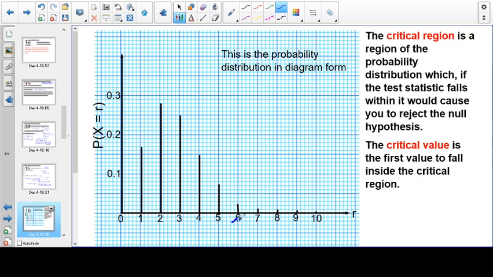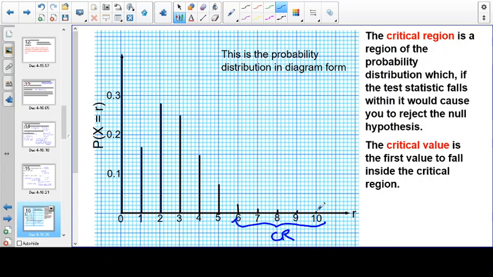This is the critical region. These combined probabilities are 0.0197. So for any number of wins within here, we could have rejected the null hypothesis.